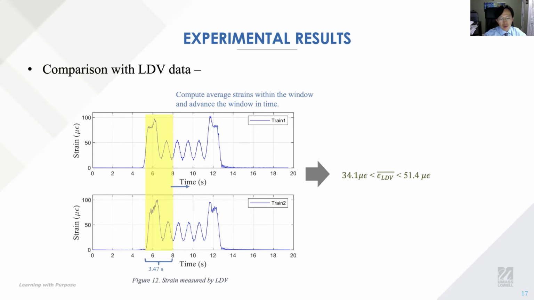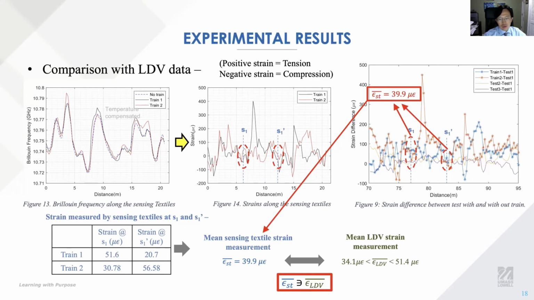And by moving this window, we will be able to calculate the variation of strain during the loading process of two trains. From the moving window calculation, we found that the mean LDV strain measurements were in the range of 34.1 microstrain and 51.4 microstrain. And what about the strain measured by the sensing textiles?